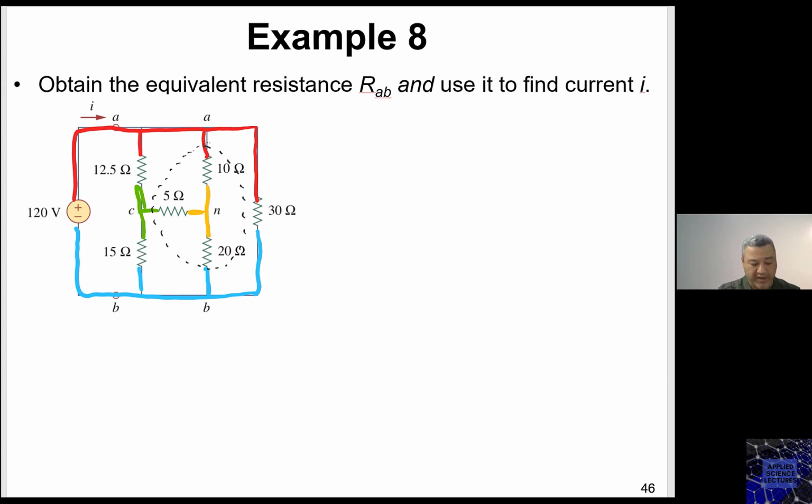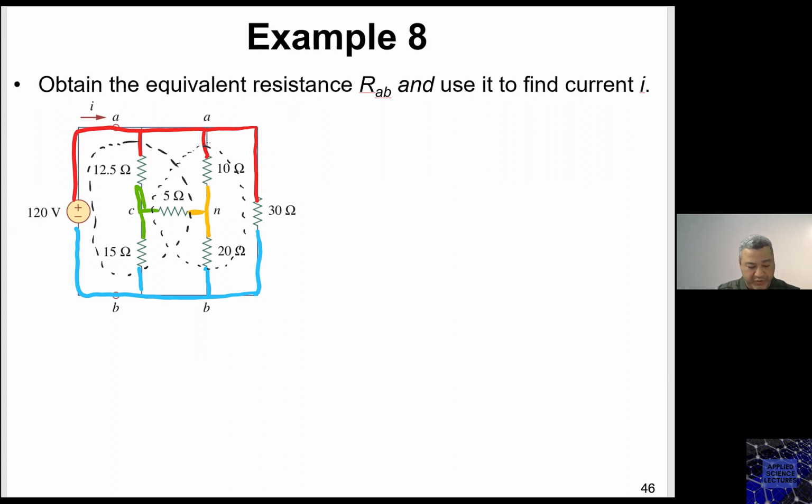So I have a Y here, or if I use this 5 with the 12.5 and the 15, I have a Y here. So I have two Ys, right? And how many deltas? If you look at the 10, 30, and 20 carefully, you can see that those are a delta. The 10, 30, and 20, they are indeed a delta.